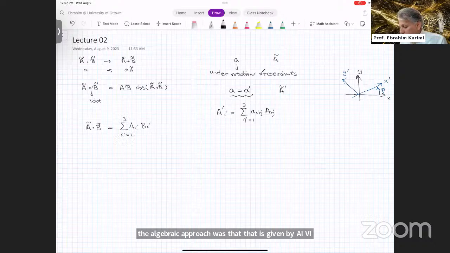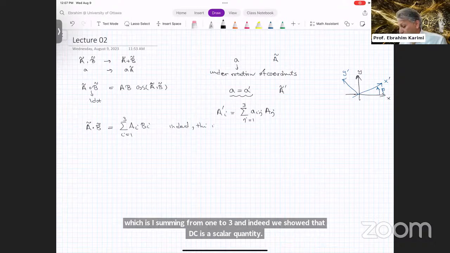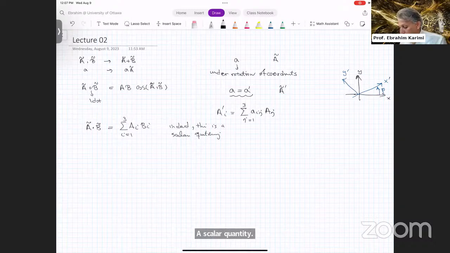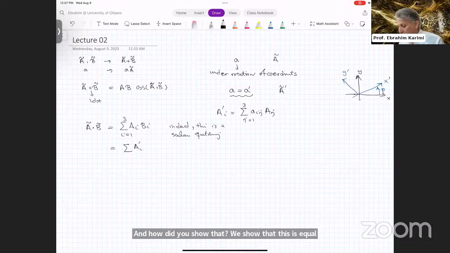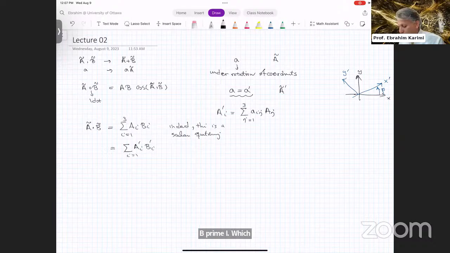We showed that this is a scalar quantity, because it is equal to the sum of A prime i B prime i, which is A prime dot B prime.